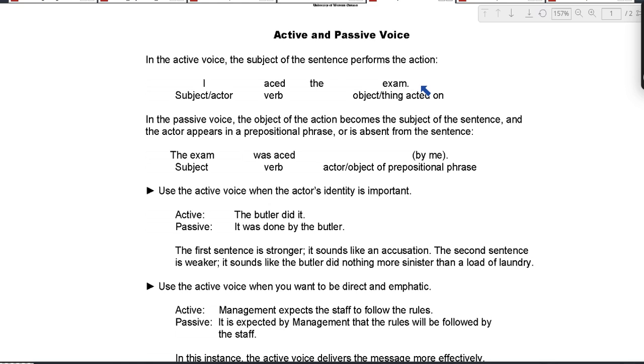The exam. Okay, so now here the subject is I. Now, do you know the meaning of "aced"?